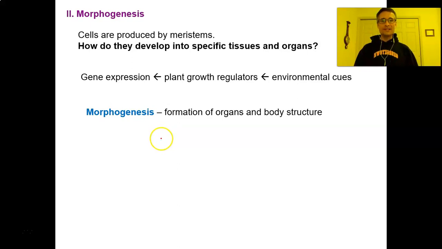Our broad study of how particular organs develop, and thus how the entire plant body develops, is a process known as morphogenesis. And so in the second section of the lecture, I'm going to explore morphogenesis and particularly explore this process of gene expression influenced by plant growth regulators, which are in turn influenced by environmental cues.